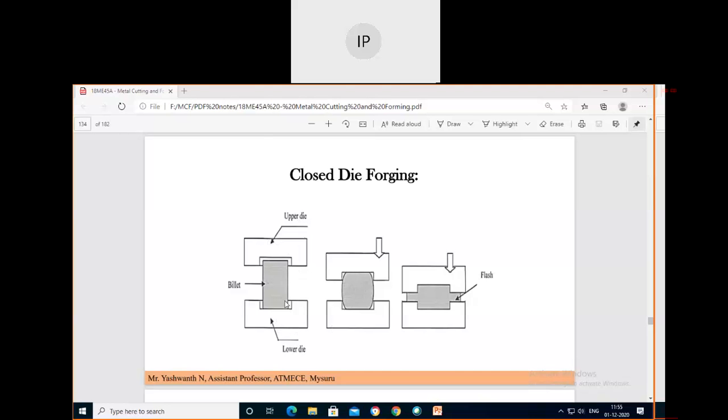The heated workpiece is placed in the bottom die, and the ram falls down, causing the top die to force the heated metal to fill the contours of the die blocks. The ram may impact the workpiece several times to ensure all the contours are filled. Finally, we get the desired shape of the object.